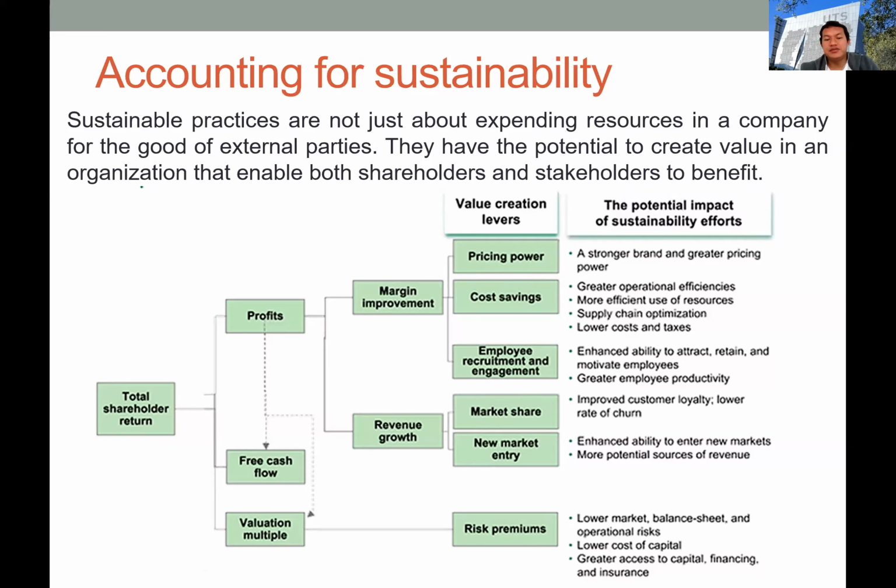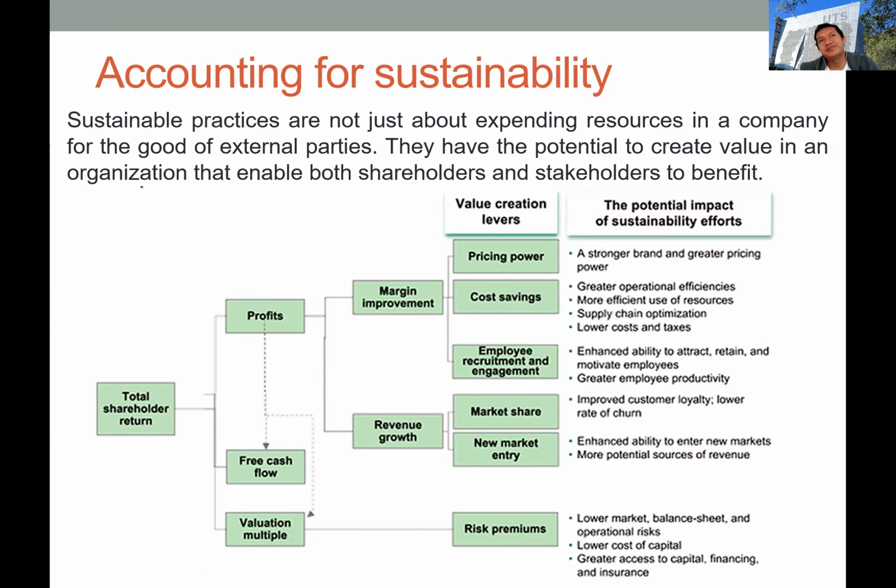And lastly, we have risk premiums. If the company manages its environmental and social risk properly, they will have lower market, balance sheet and operational risk, and they can access more financing sources. There's a group of investors that only want to invest in sustainable companies. We call this group sustainable, socially responsible investors.